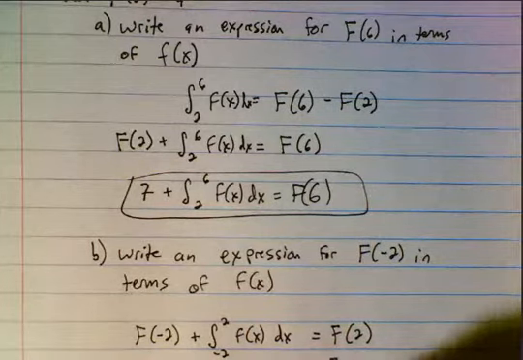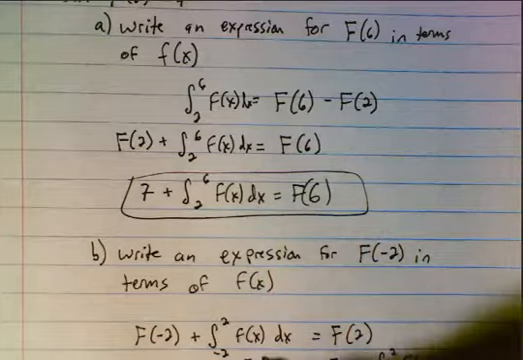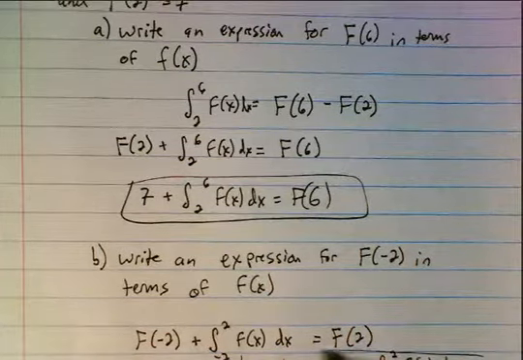F of 2 is 7. I can subtract this from both sides. And that's going to give us F of negative 2.